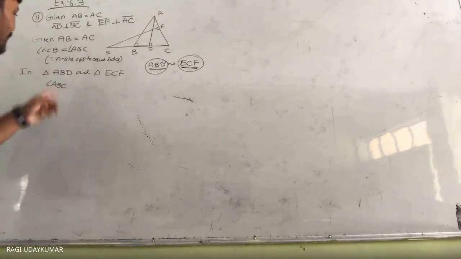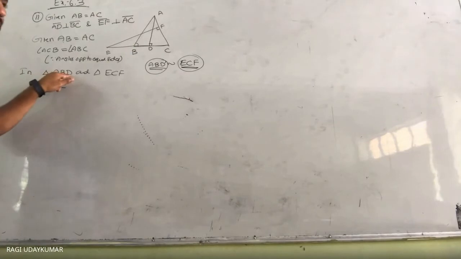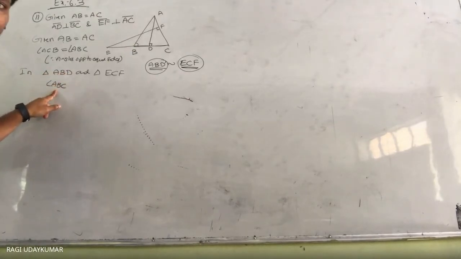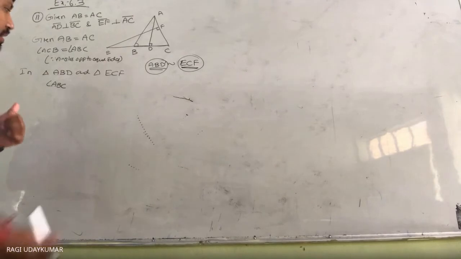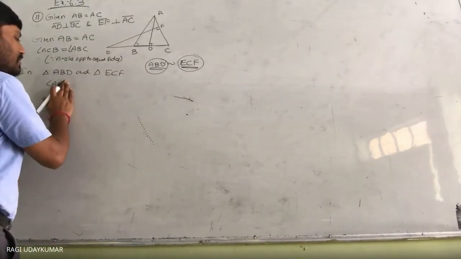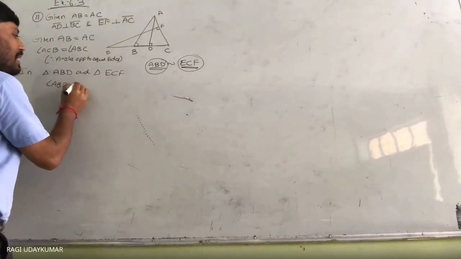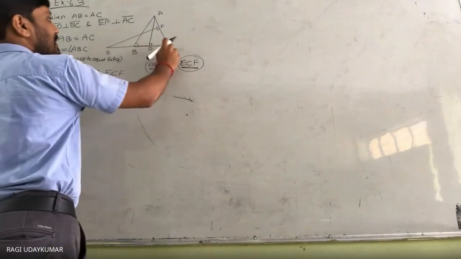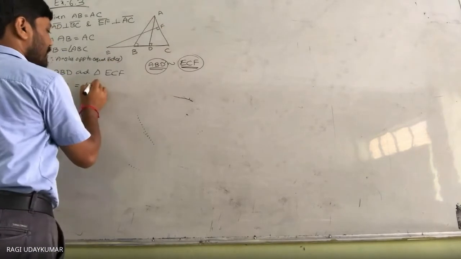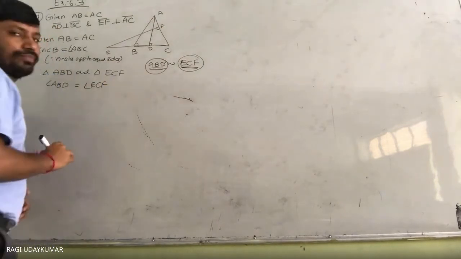You may get a doubt, sir, you are mentioning triangle ABD but writing angle ABC. Angle ABC and angle ABD, both are equal. So you can write here ABD instead of ABC. Angle ABD is equal to angle ECF. You can write angle ECF also.